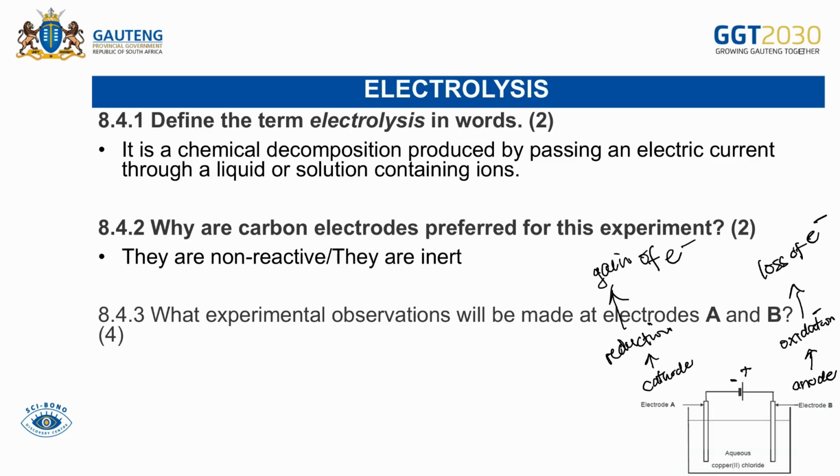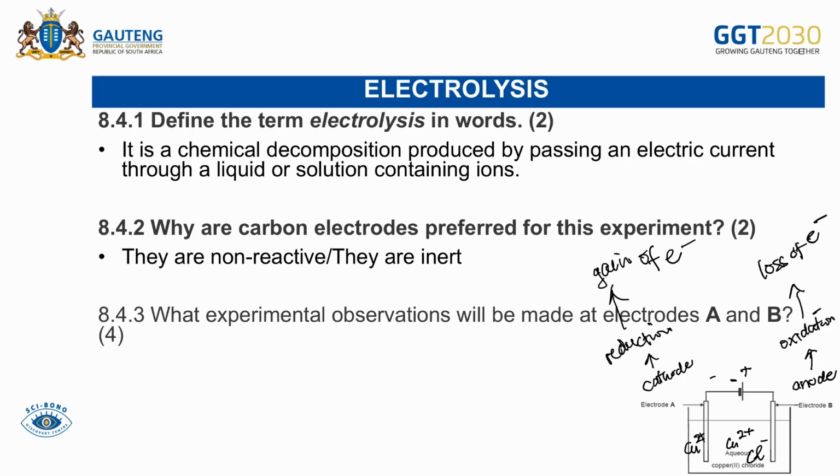Now, because we can tell this one is an anode and this one is a cathode, we can tell where the ions are going to be attracted. As the Cu2+ breaks down and the Cl- is the opposite, the copper is going to be attracted to the negative terminal because it is a cation.